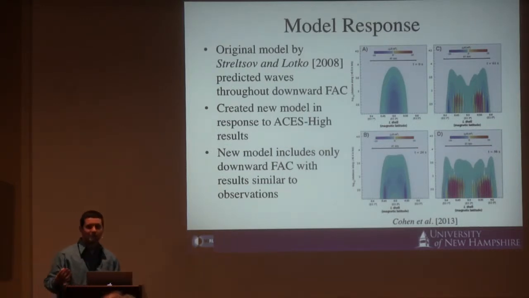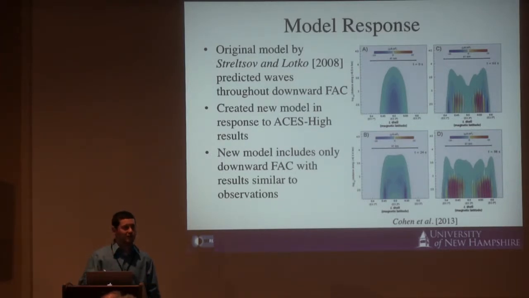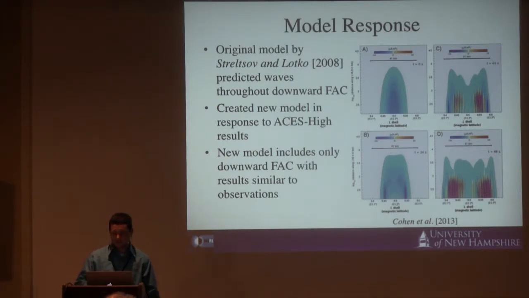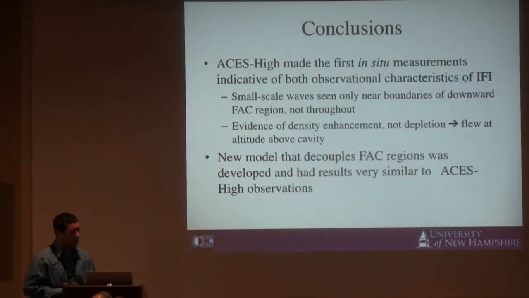Now, that seems unphysical because we know that the current closure must occur, so there must be an upward and a downward current region. But this model seems to suggest that for at least this process, that current closure doesn't necessarily impact the generation of those small-scale oscillations.